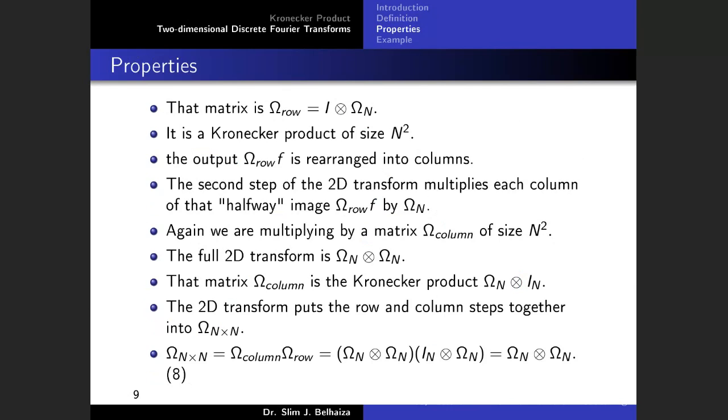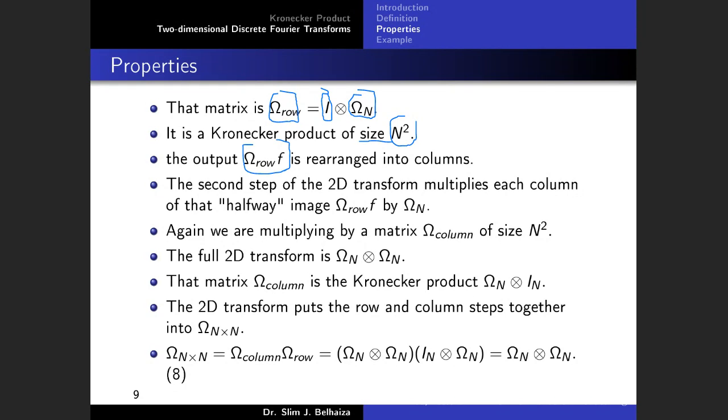The property that follows is that omega row is equal to the identity matrix multiplied by the Kronecker product by omega n, a Kronecker product of size n squared. And the output, omega row by f, is rearranged into columns.